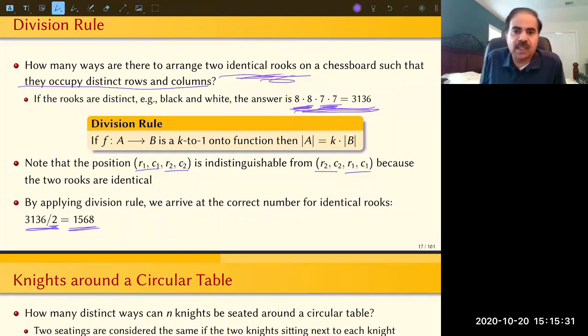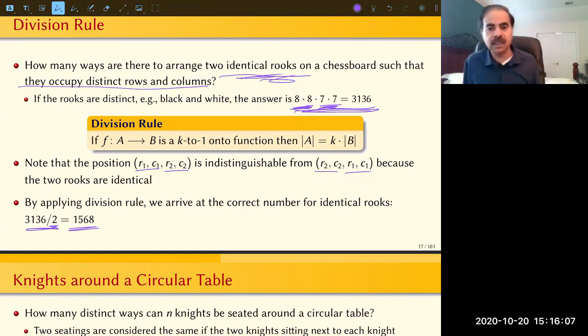So counting is always tricky, because we make mistakes. When we apply the product rule, we sometimes miss the fact that the choices are not independent. We think they're independent, and then we multiply. Well, it turns out to be wrong. Secondly, for the addition rule, there is a condition that the sets be disjoint.